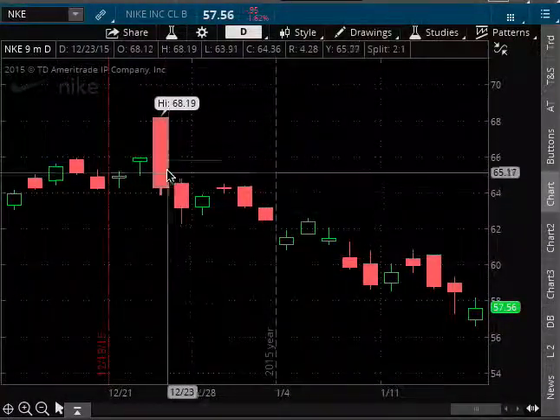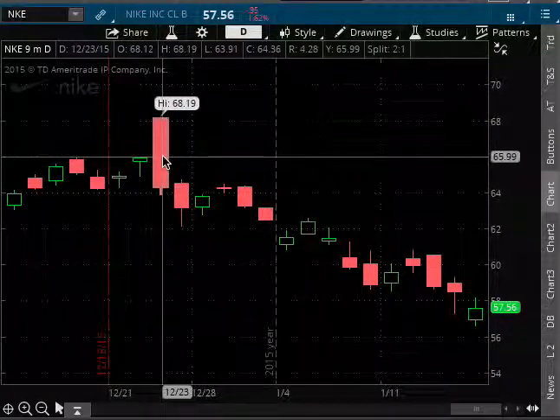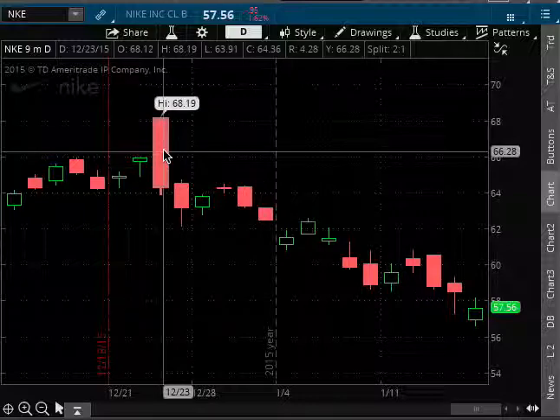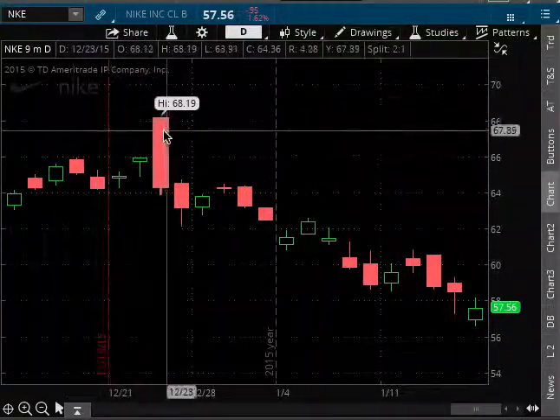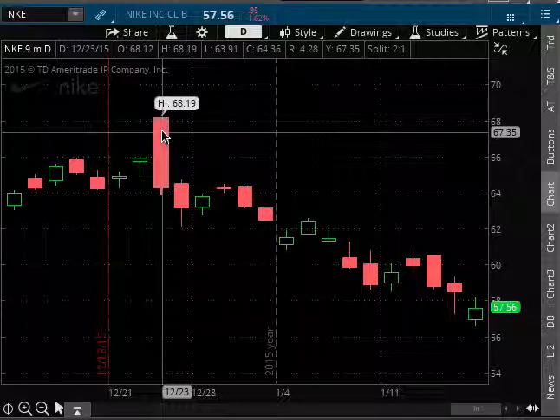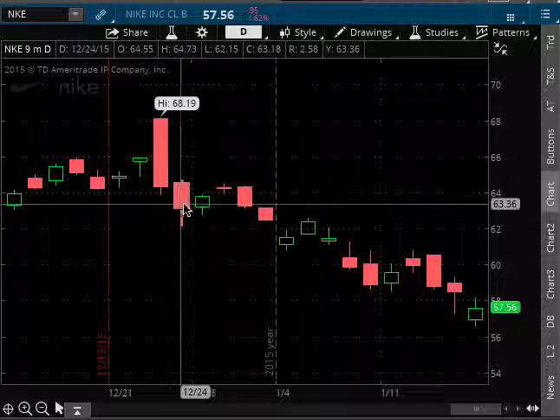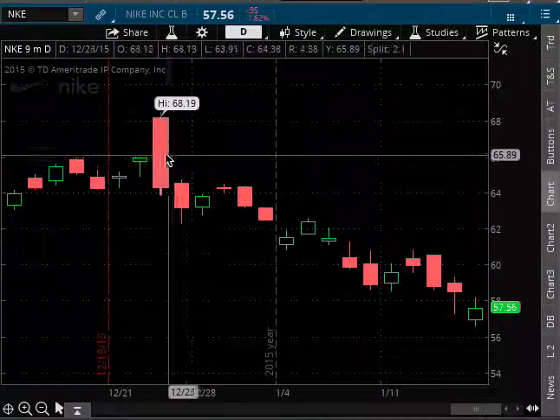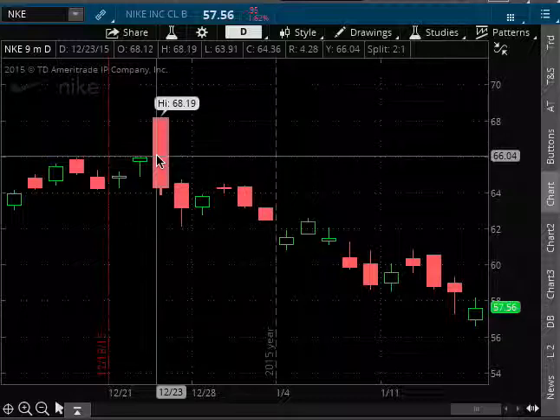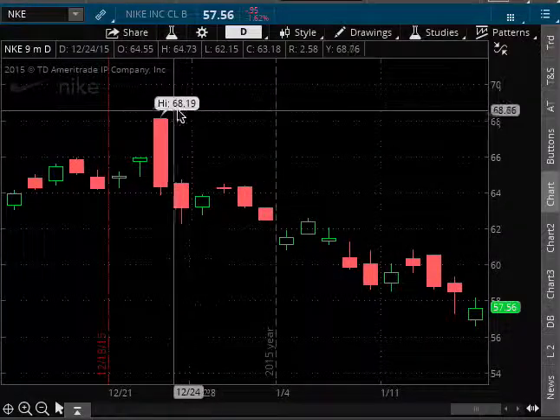All right, now down here, these are dates. And when you put your cursor on the candle, it will actually show you a date right here. So this date is 12/23, 2 days before Christmas. This is Christmas Eve. This is the Monday after Christmas. So 2 days before Christmas, if you owned Nike, it was $68.19.